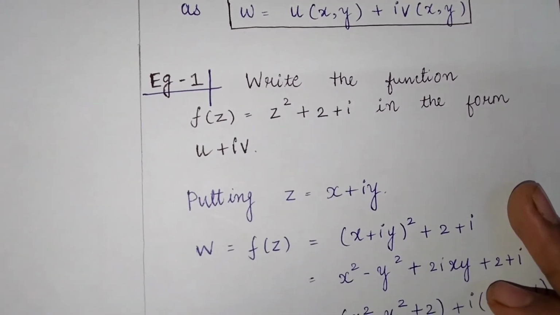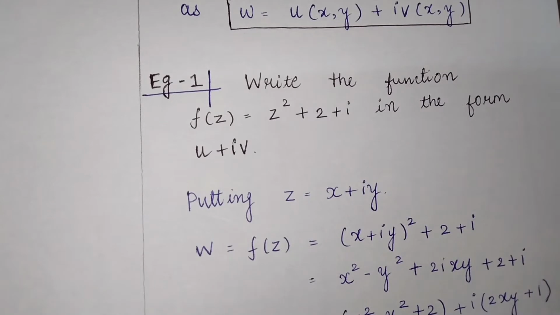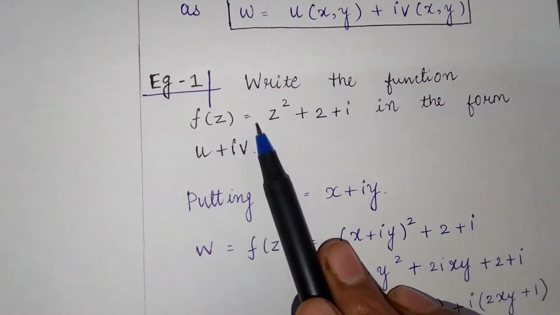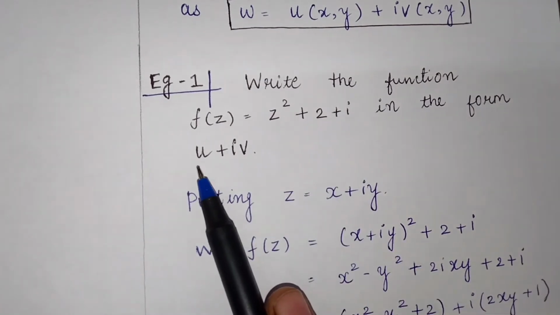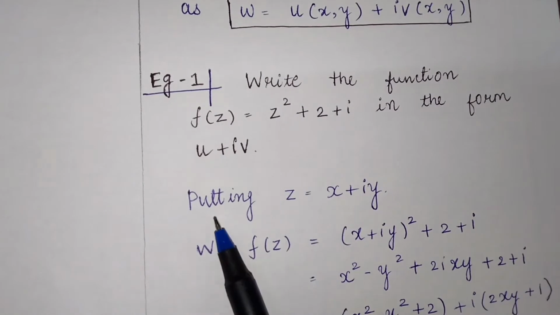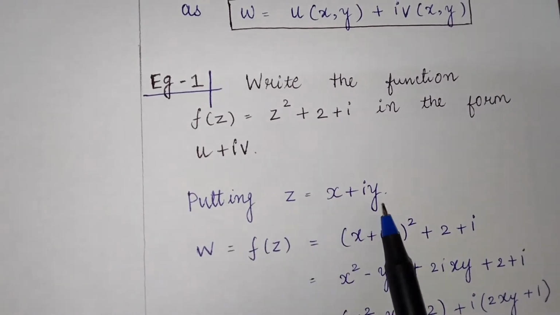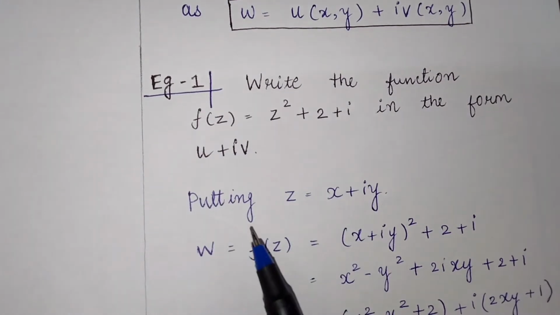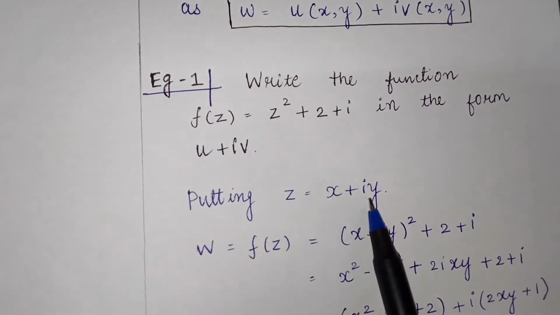Example 1. Write the function f of z equal to z square plus 2 plus i in the form u plus iv. In such a question, f of z will be given and from it we have to find the u plus iv form. Okay, so now putting z equal to x plus iy. So here in the given function you have to put z equal to x plus iy.